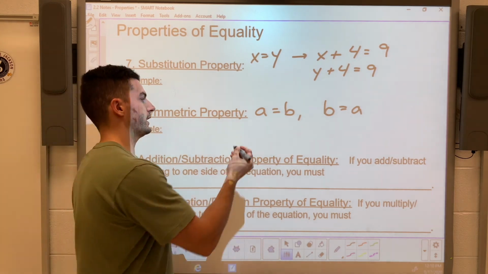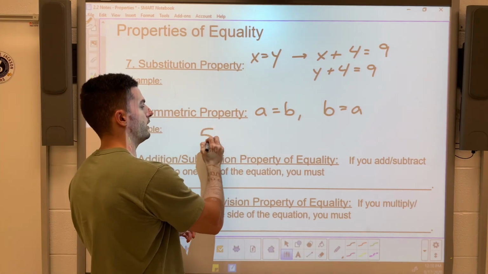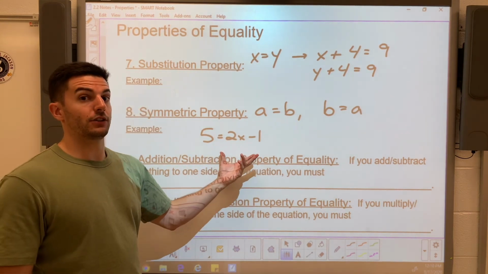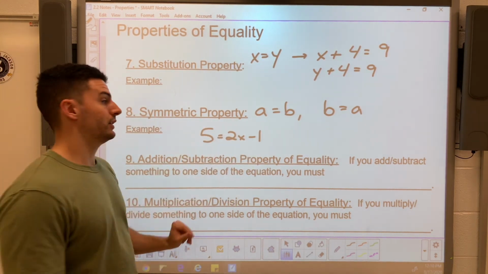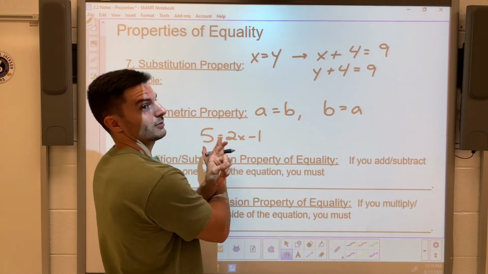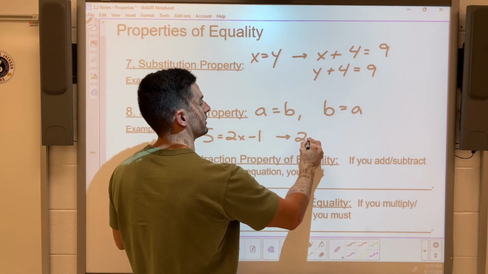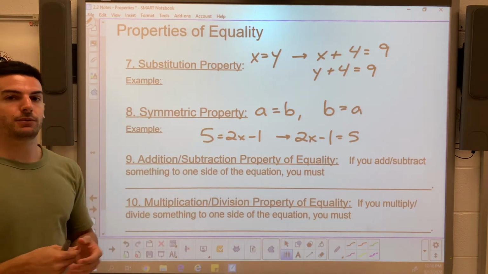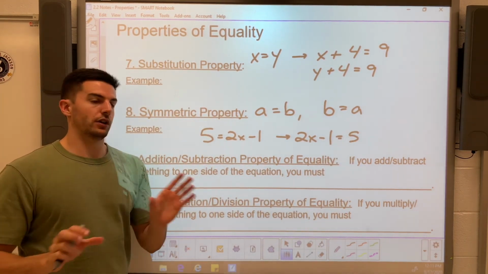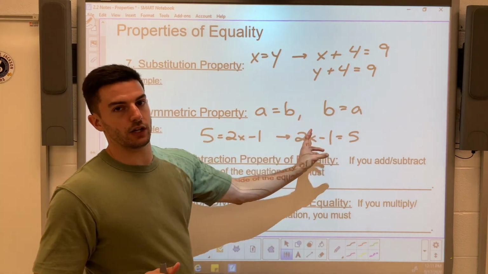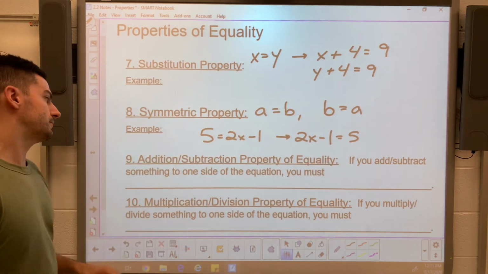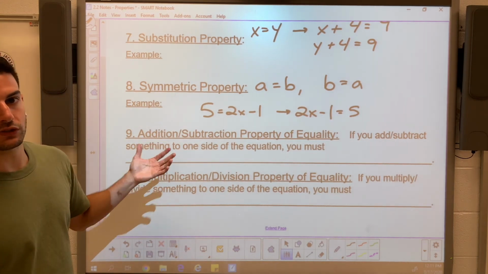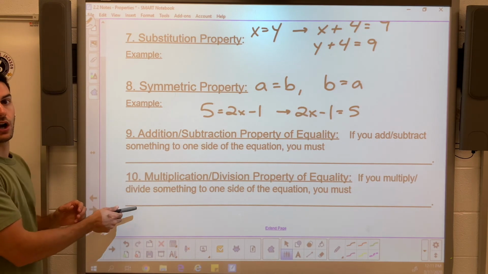If you have 5 equals 2x minus 1, the symmetric property is what allows us to flip that around and say, if these two things are equal to each other, it doesn't matter what side they're on, we can change that to say 2x minus 1 equals 5. So the symmetric property says you can flip around what side something's on. As long as they're equal, you can do that. Now, when we think of algebra and when we solve equations, these are the ones that we use most often.